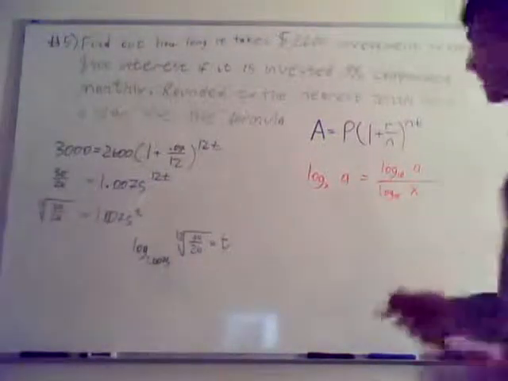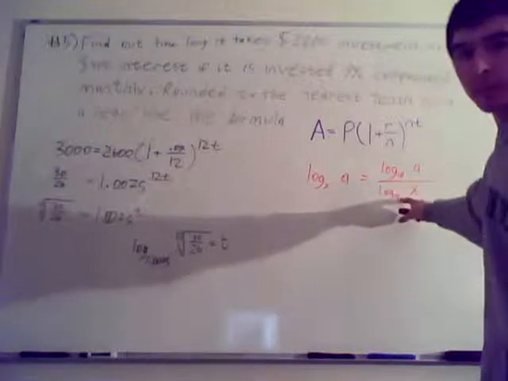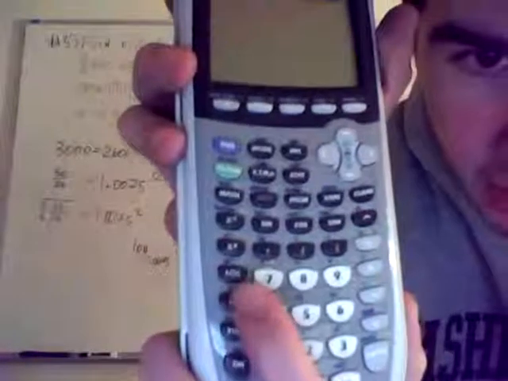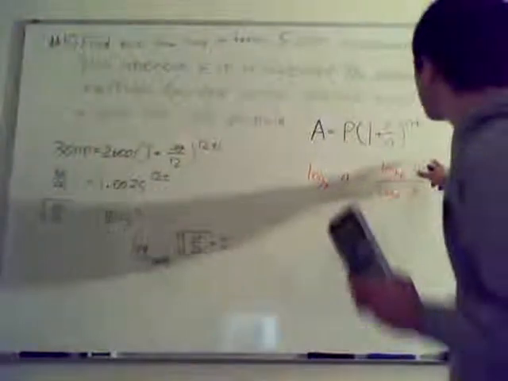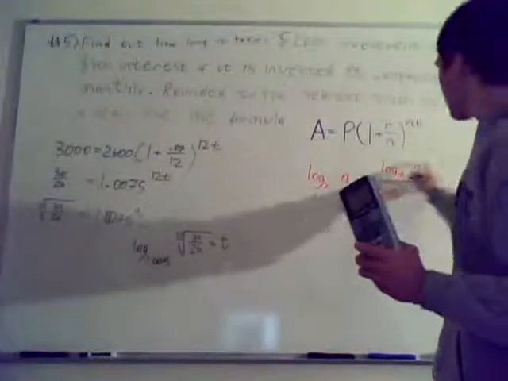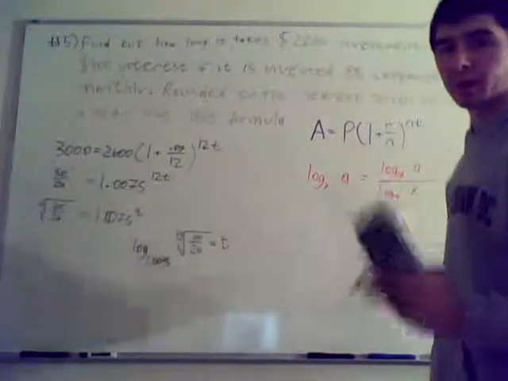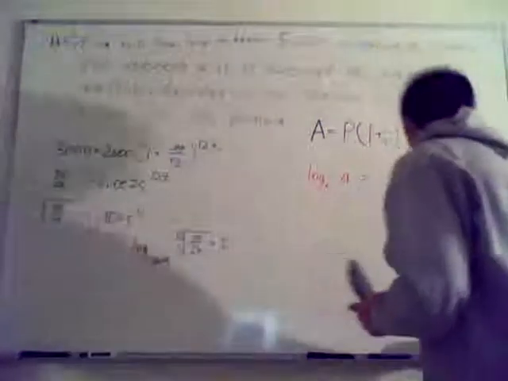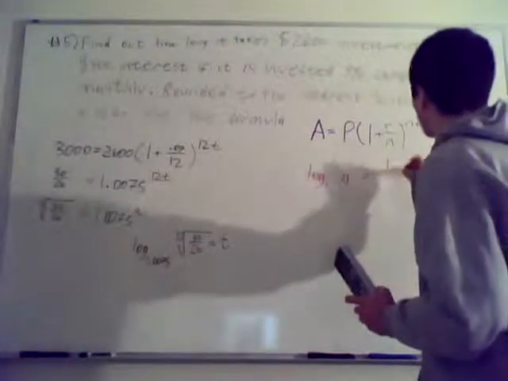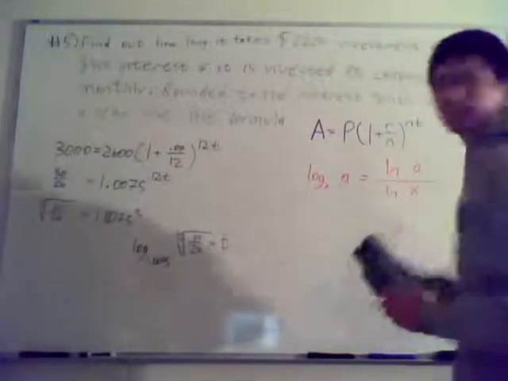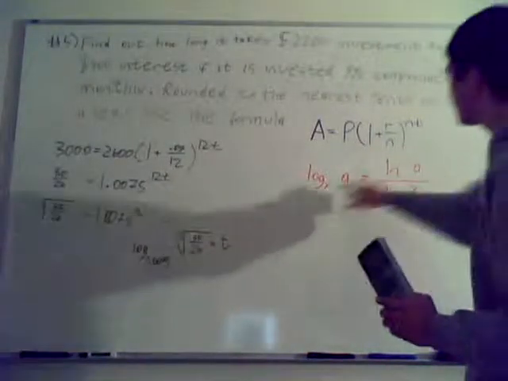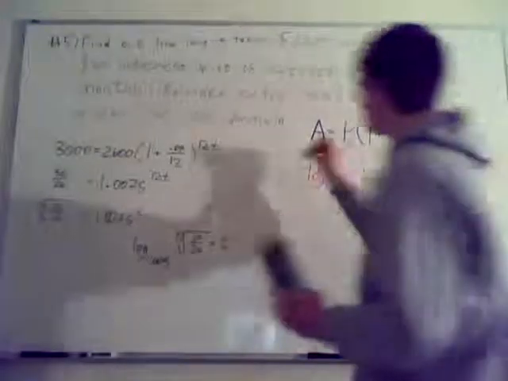The important part to note is that log base 10 is just the log button on your calculator. If you press this button, this will work: the big number's log divided by the small number's log. Or you don't have to use log base 10. You can do natural log of a over natural log of x. The point is, you can use any two logs that are the same base, and the result will be the same. So this is called the change of base formula.